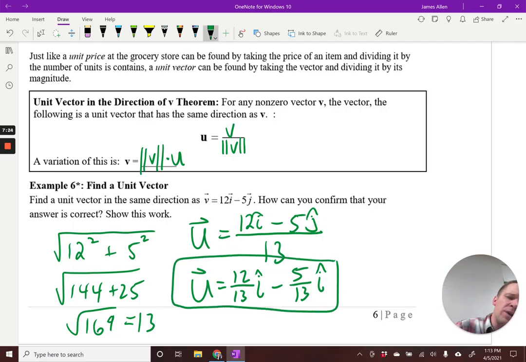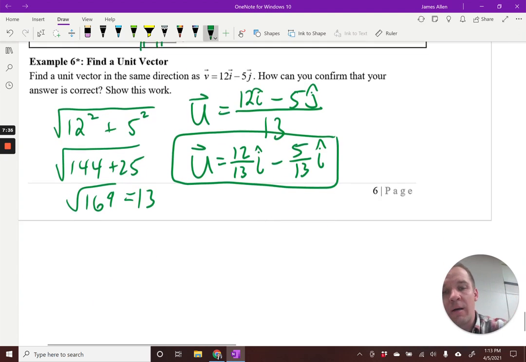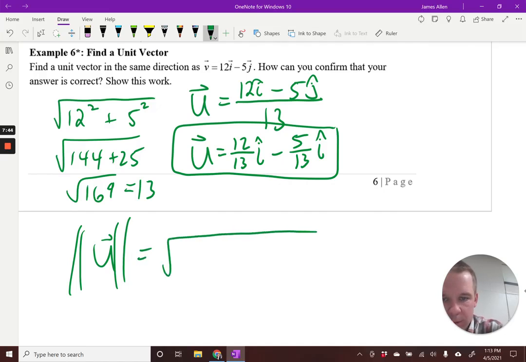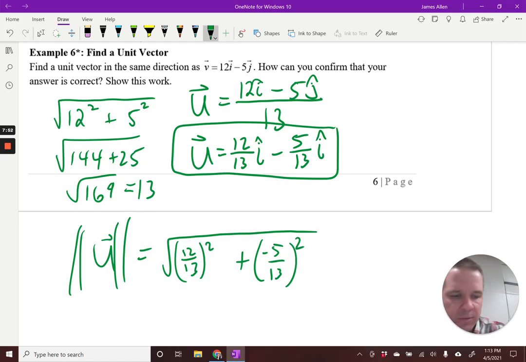Now, how can we confirm that our answer is correct? Because that's what it asks us, right? Well, to be a unit vector, that means I have a magnitude of 1. So if I do my magnitude of this unit vector, I would have the square root of 12 over 13 squared plus 5 over 13 squared, or negative 5 over 13 squared, it's going to be the same thing.